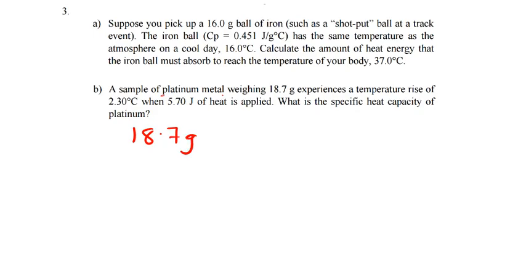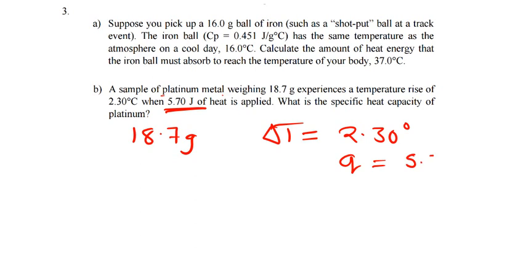It experiences a temperature rise, and when you see a rise or a change, just know that that's representing the delta T. And then 5.70 joules, this is energy, so that's your Q, when heat is applied. What is the specific heat capacity?